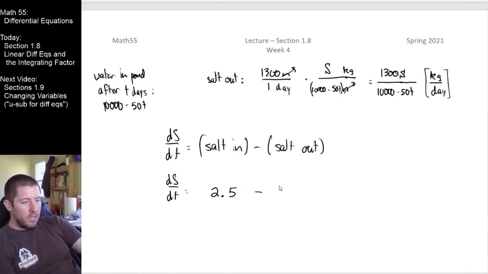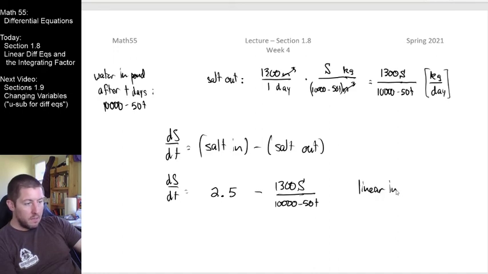So my salt out here is going to be the 1300 S over 10,000 minus 50T. What we can see here is that this looks to me to be a linear differential equation in S. It's definitely not separable.